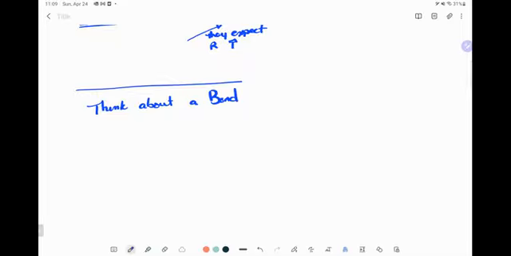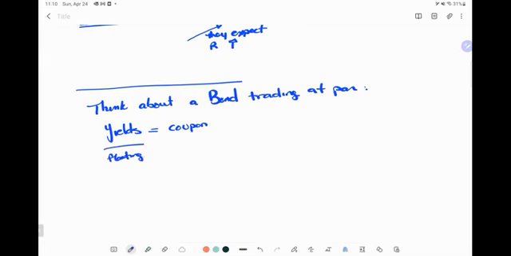I will just go over this rather quickly, but this is important. When a bond is trading at par, it means that the market yield is the same as the coupon rate. So this one is floating, as we know, and then this one is fixed, as we know.